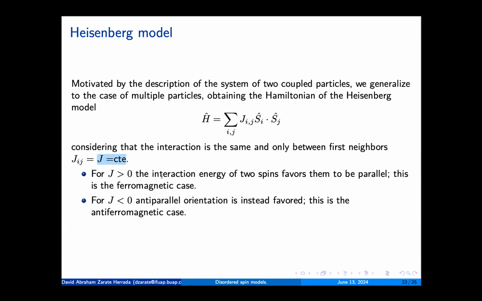And if J is positive, that means the interaction of these two spins favors them being parallel, and this corresponds to the ferromagnetic case. And if J is negative, the antiparallel orientation is favored. That is the antiferromagnetic case.